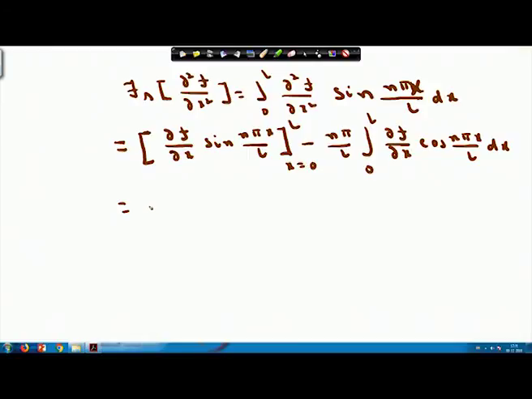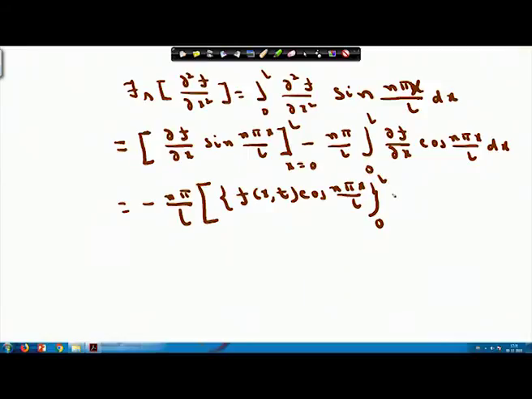So, this part will be minus n pi by L, again use integration by parts. If I use integration by parts, minus n pi by L will be coming here, f of x t into cos of n pi x by L, limiting value from 0 to L, plus n pi by L into integral from 0 to L. Now it is becoming f of x t into sin of n pi x by L into dx.